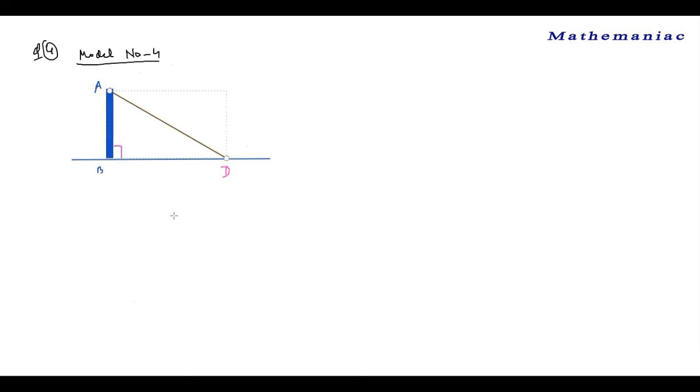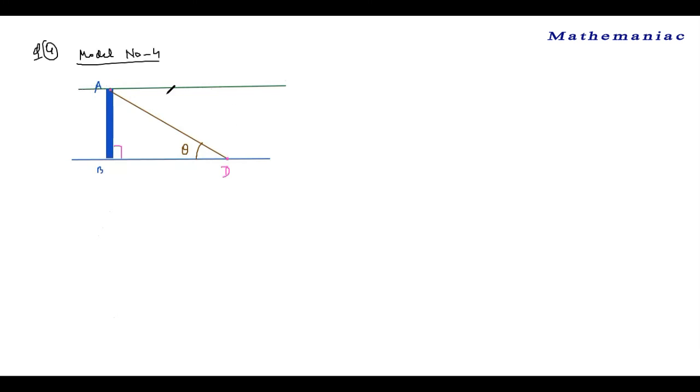So this will be the line of sight, and accordingly this will be the angle of depression. But remember, students commit a mistake here in not drawing this line. You have to draw this line. This should be a dotted line. I don't have provision here to draw the dotted line, so I have drawn it like this.